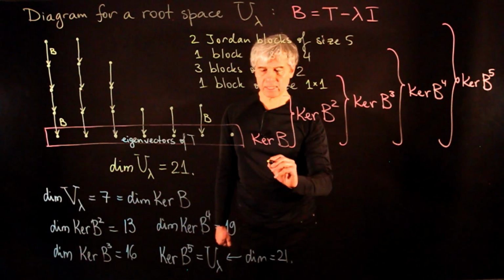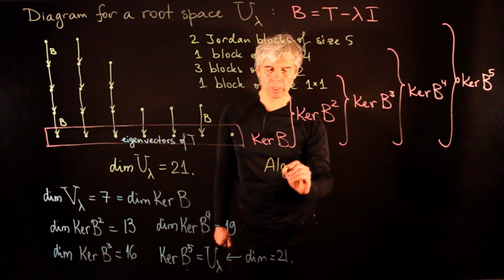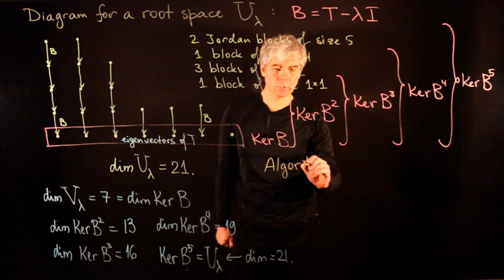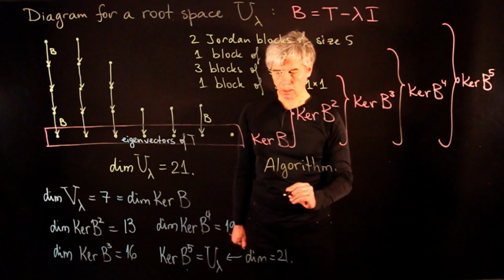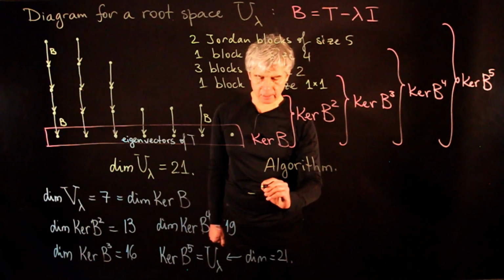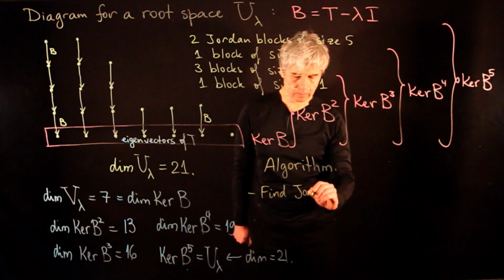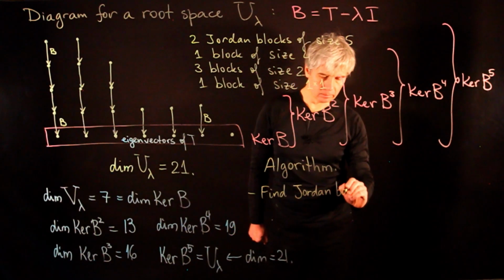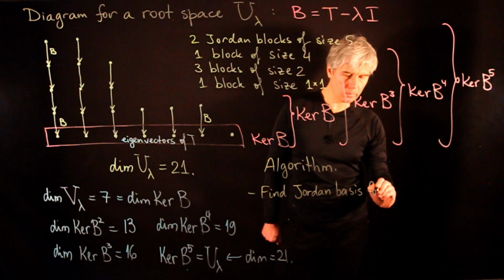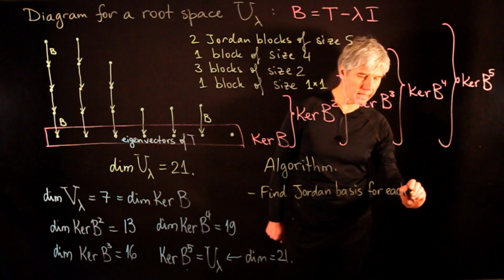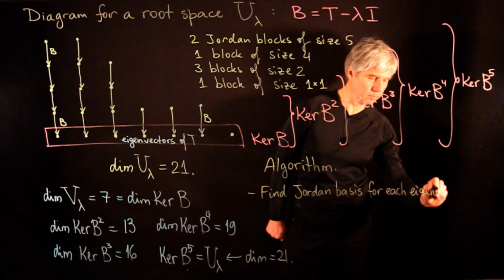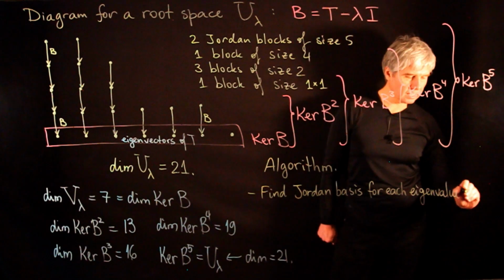Now let us discuss the algorithm for computing the Jordan normal form. So the first thing that we say is that we want to find a Jordan basis for each eigenvalue separately.